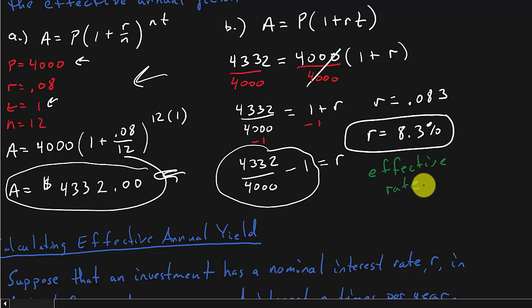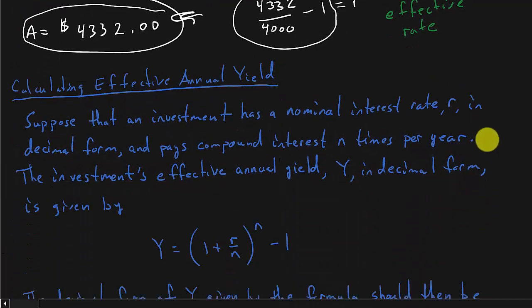And that's what they wanted us to find. Now, that's how you go about working that out, using the future value for compound interest and the future value for simple interest and finding that effective rate. But then they say, okay, well, we don't want to do all that work.